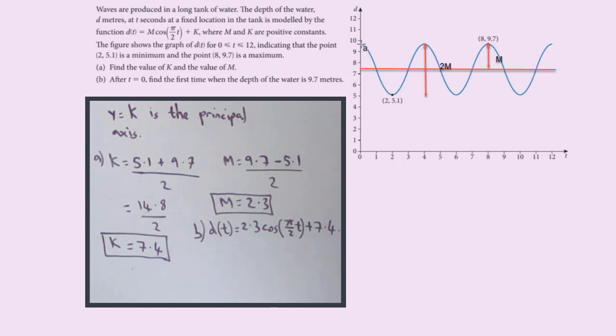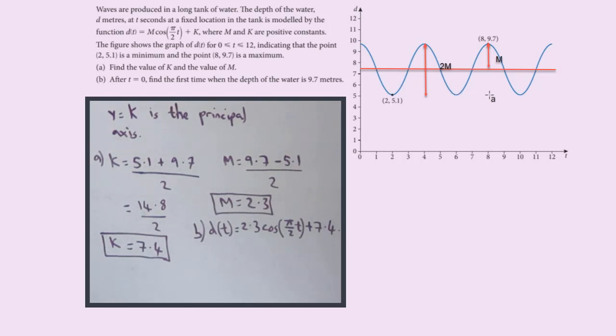If you look at it, you can see that this distance here is one period. Using the x distances, you can see that this goes from 2 to 8. One period means one wave, it's the time for one wave. If we go from the minimum to the next minimum, that's one period plus half.